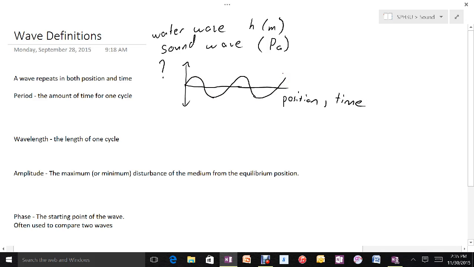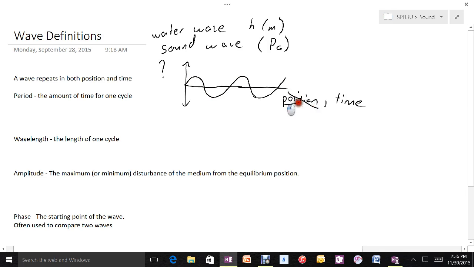So if you close your eyes, you could feel that motion of the boat. Alternatively, if you want to see how the wave repeats in position, you could take a photograph, and if you took the photograph of the wave, you would see that the wave goes up and down and up and down. So it's both at a fixed time, varying in position, and in a fixed position, varying in time.